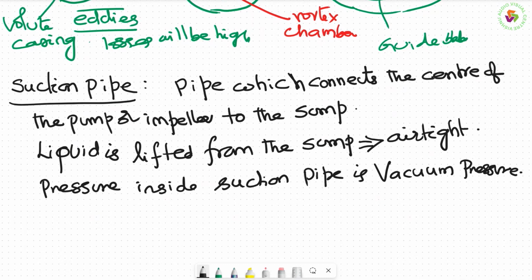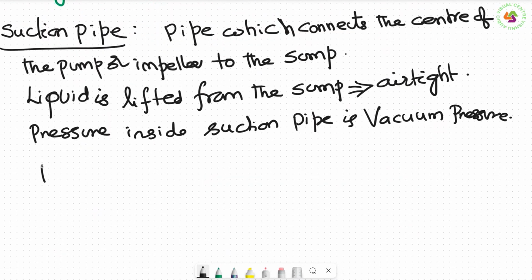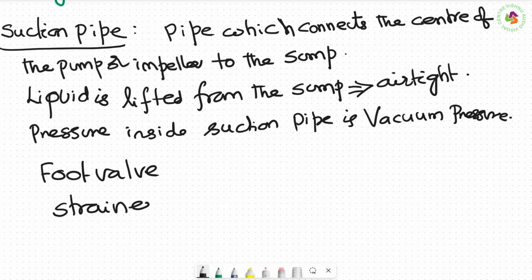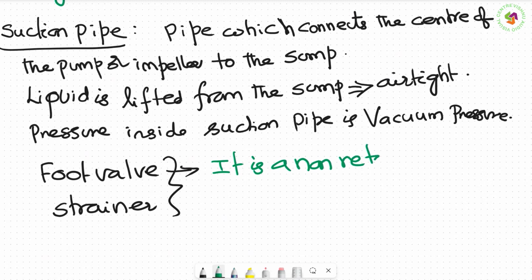At the bottom, there will be two components: one is the foot valve and the other is the strainer. The function of the foot valve is that it is a non-return valve. See the wording, non-return valve.